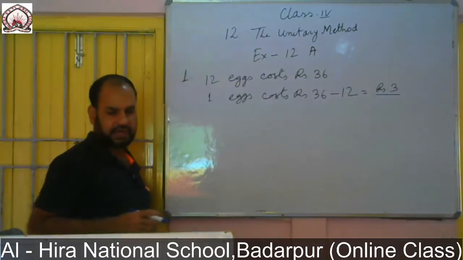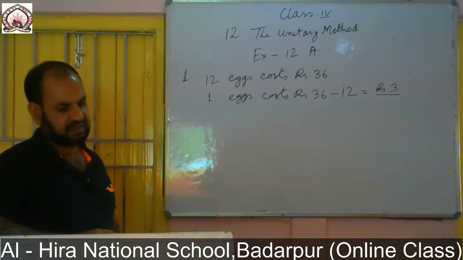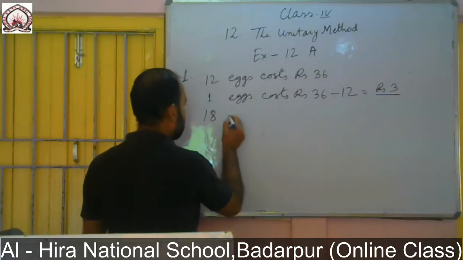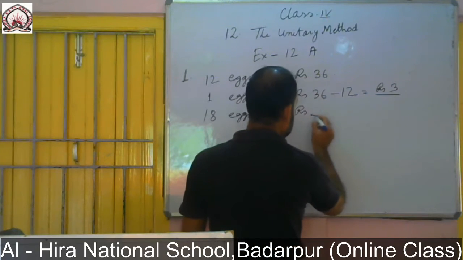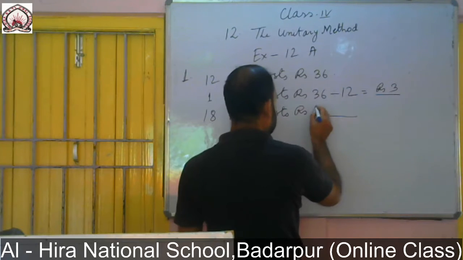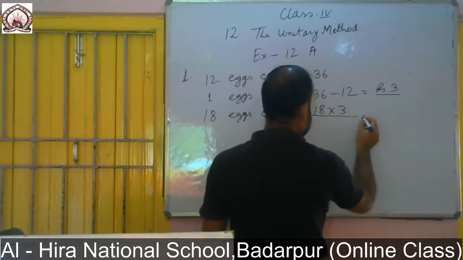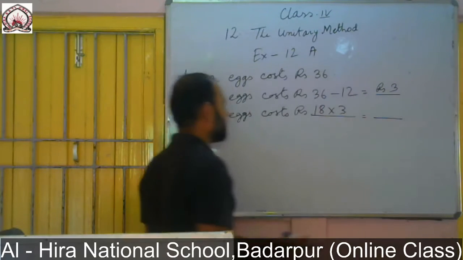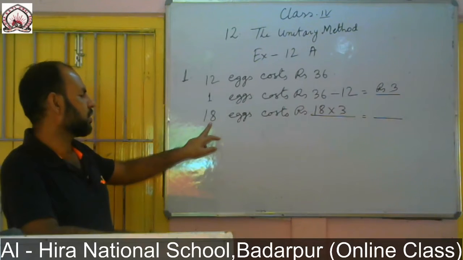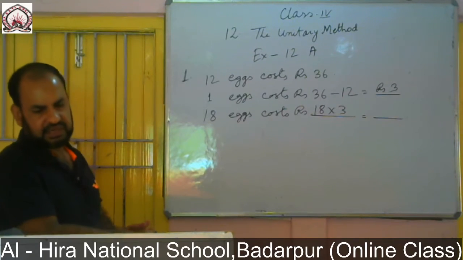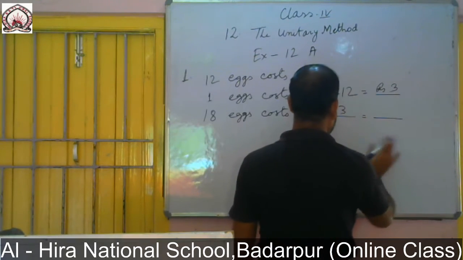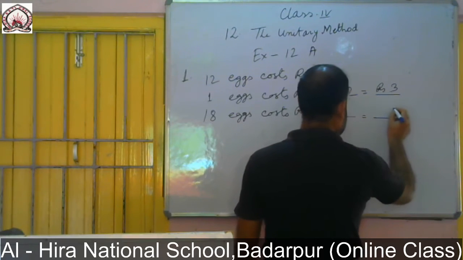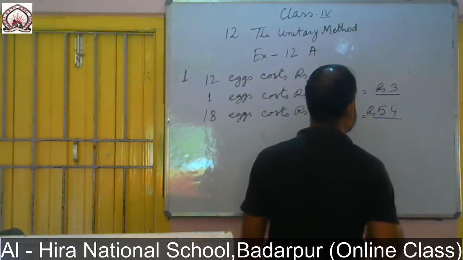Now we take out the cost of 18 eggs. 1 egg costs rupees 3, so 18 eggs cost rupees 18 into 3. 18 into 3: 3 eights are 24, 3 ones are 3 plus 2, which is 5, so 54.